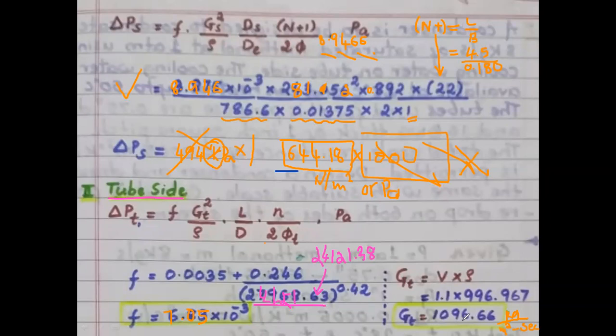GT is 1096.66 kg per meter square second. So directly you substitute the value. You got f as 7.05 into 10 to the power of minus 3 and 1096 GT square. Density is 996. L is 4.5. D is diameter and N is number of passes, into 2 divided by 9.